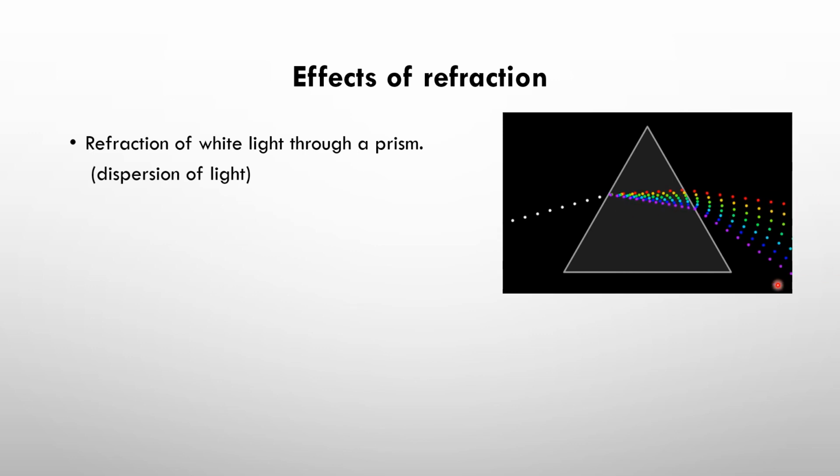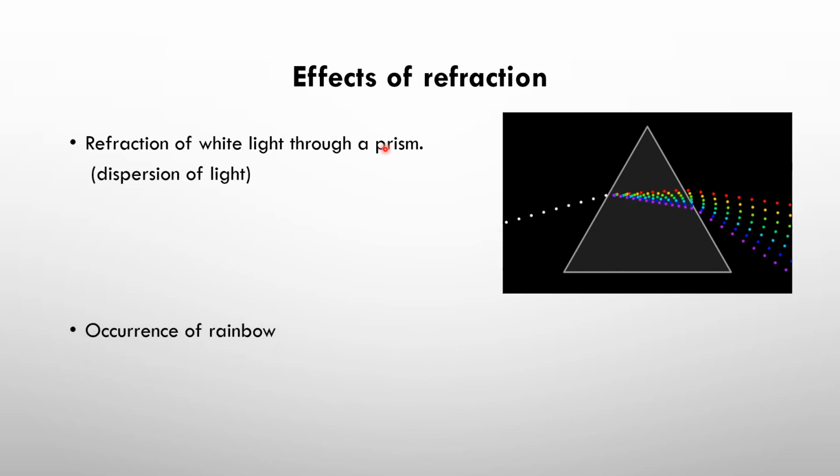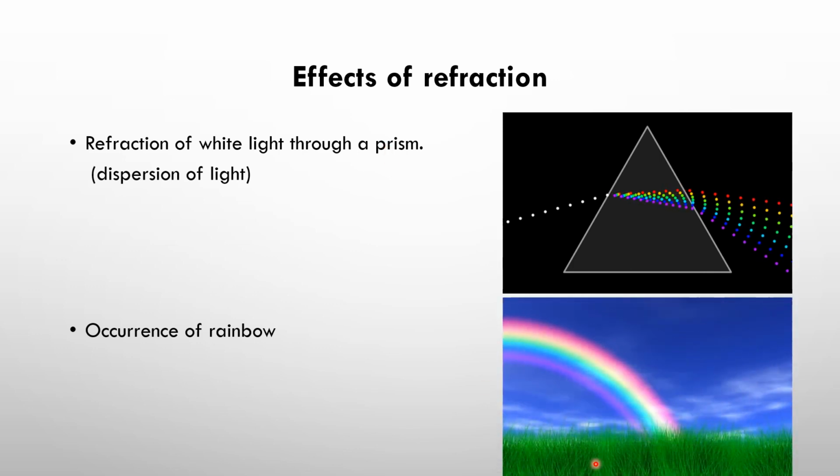So you will be able to observe a dispersed light beam when a white light beam enters a prism. This occurs due to the process of refraction. And also the occurrence of a rainbow is a result of this phenomenon of refraction.